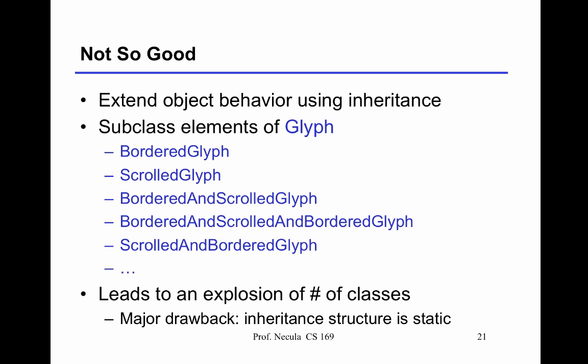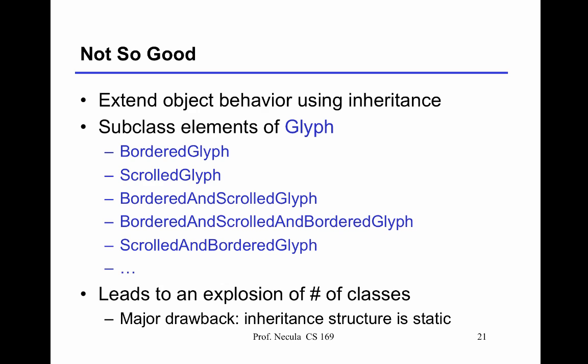Let me propose one idea that I'm sure you would abandon pretty quickly. By the time you get to the end of the slide, you would think, oh, it's not so good. So we say, okay, we have these glyphs, and I want to create a subclass of a glyph that's a bordered glyph. So it would take whatever glyph it's bordering and draw a border around it and package it all up as a glyph. So it'd be a subclass of glyph, right?